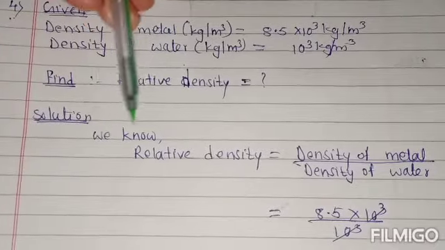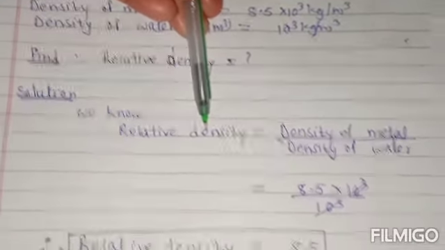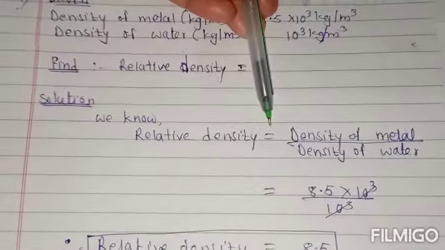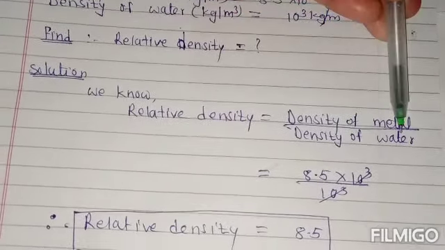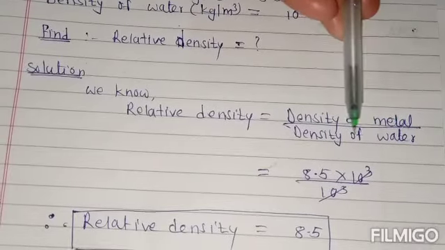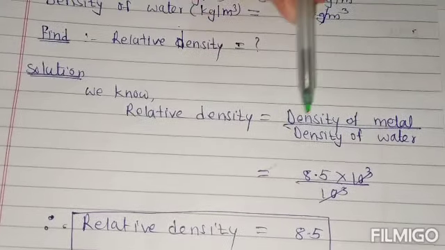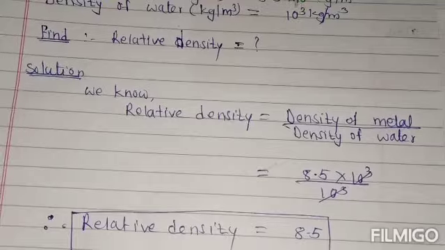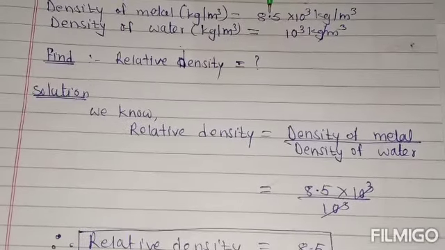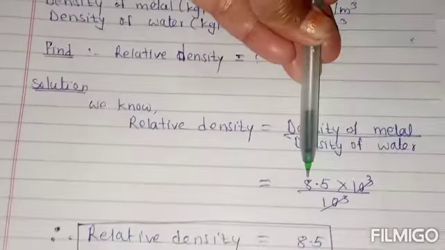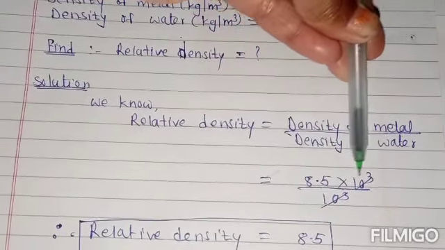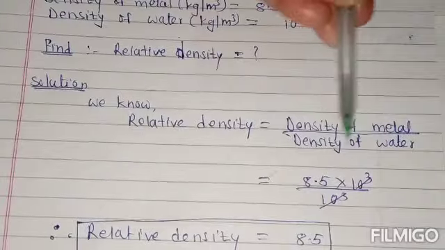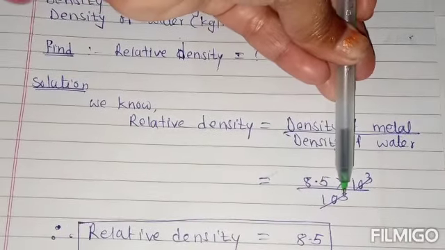So solution, we know relative density is equal to density of metal upon density of water. So substitute the value in place of density of metal: 8.5 into 10 raised to 3, and density of water, which is equal to 10 raised to 3.